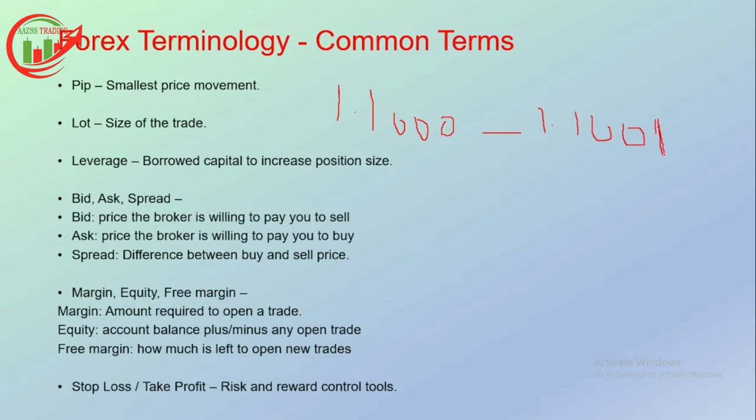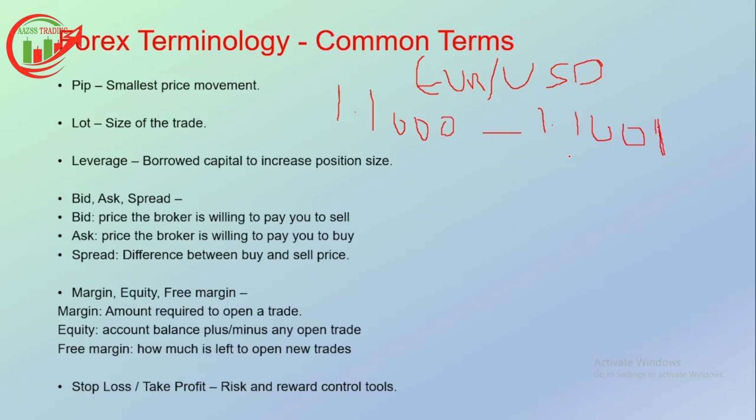Right here. So now this is one pip movement. I'm giving an example for Euro USD. If price moves from 1.1000 to 1.1001, it is a one pip movement.